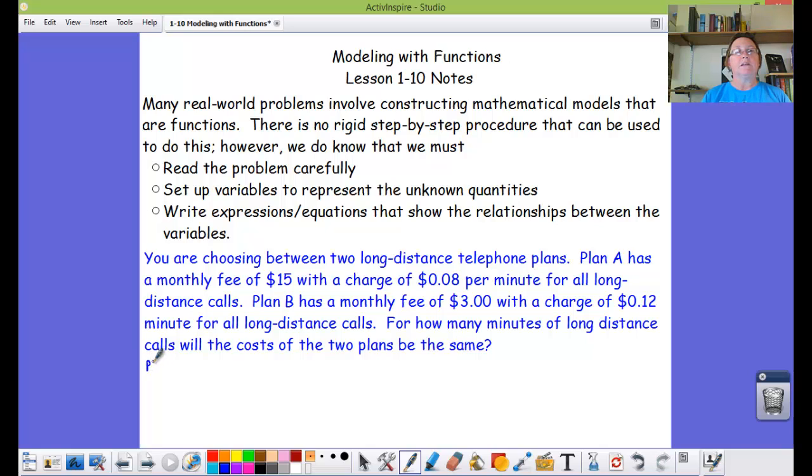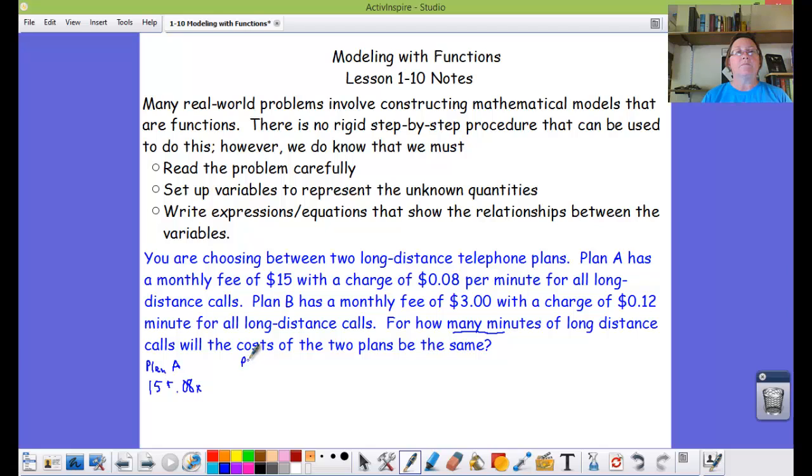The first plan is Plan A, and what it says is you start with $15 each month, but then you add to that 8 cents for every minute of long distance. So if we let x be the number of minutes, because the question said how many minutes of long distance, if the variable stands for minutes, then Plan A could be represented that way.